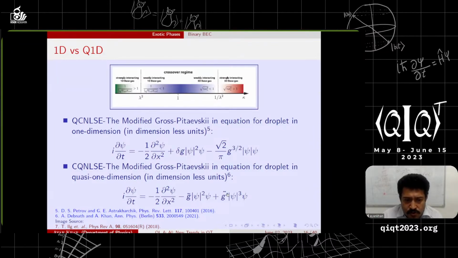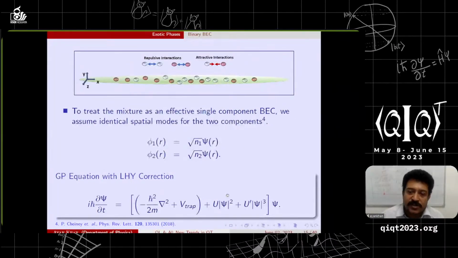So how do we reach quasi one dimension? This is actually more experimentally amenable. You create a Bose-Einstein condensate in a three-dimensional trap, then you squeeze in the transverse direction and elongate the trap, so you can get a Bose-Einstein condensate in quasi one dimension.